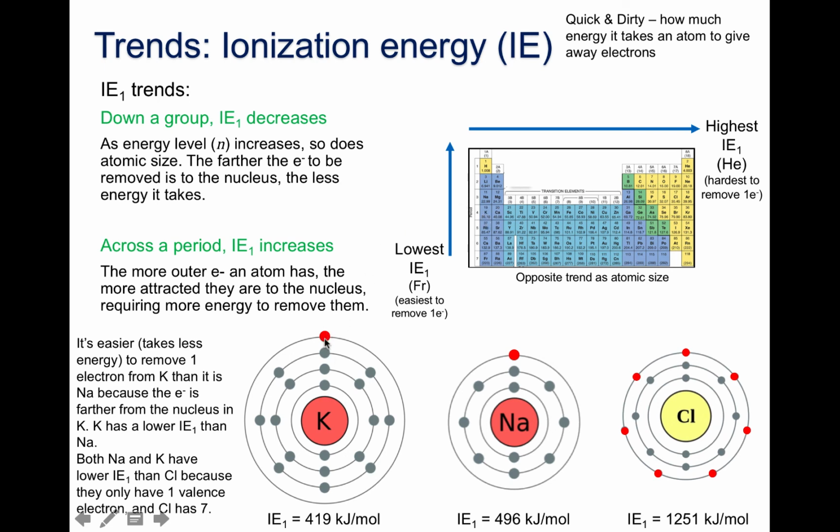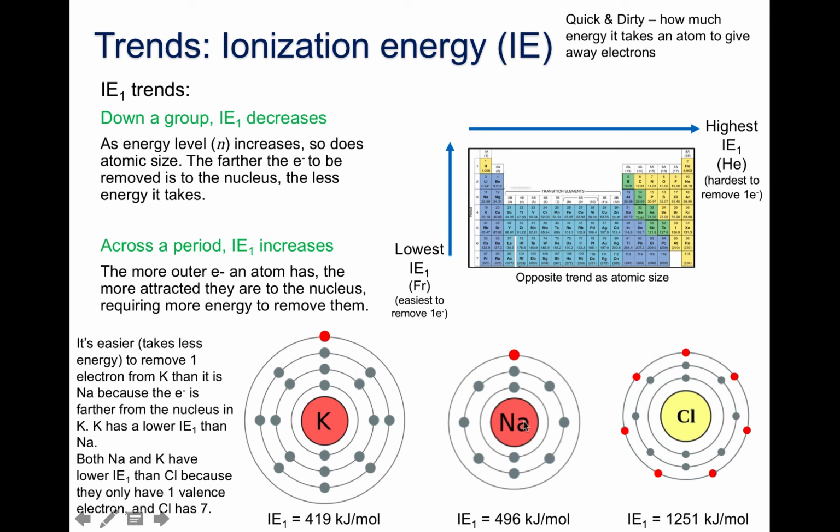And that has to do with the distance that electron is from the nucleus. The one valence electron that potassium has is one energy level further away from the nucleus, so it's less attracted to the nucleus, meaning it requires less energy to sort of pluck that electron off than it would for a sodium atom, which has its valence electron in the third energy level.